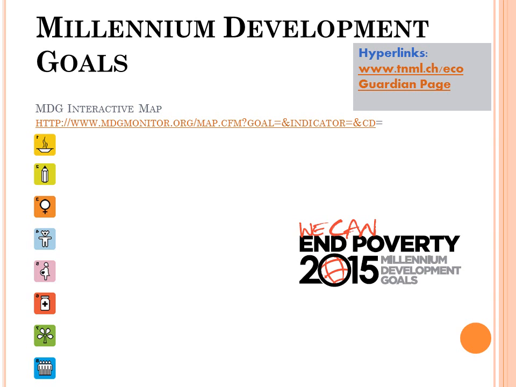One of the ways in which to think about development is the Millennium Development Goals, which were set in 2000, obviously, by the UN as the main areas in which we could focus our thinking towards development in the world.